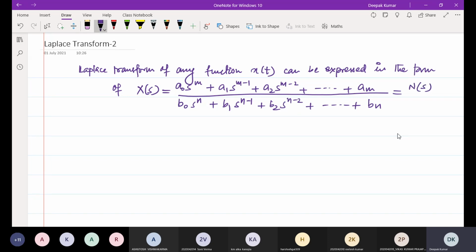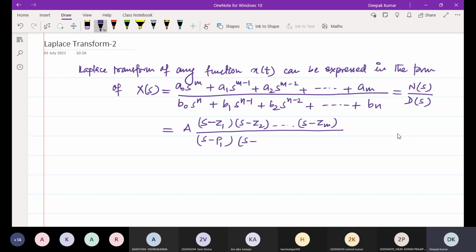This can also be expressed as a product of factors: some constant a times s minus z1 into s minus z2 into s minus zm, divided by s minus p1 into s minus p2 and so on up to s minus pn.